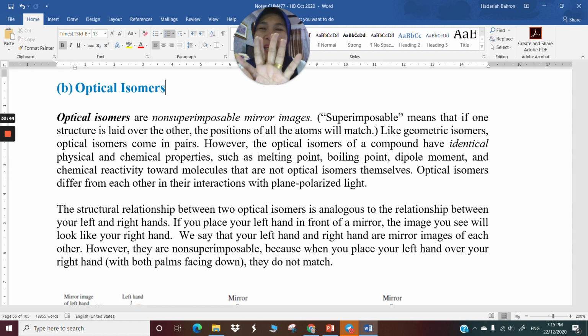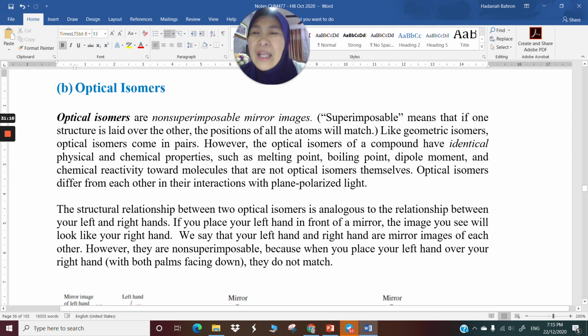So my two hands are non-superimposable mirror images. Can you try with your hands? Are your hands non-superimposable mirror images? Of course they are. If your hands are superimposable mirror images, then you are not the same as me. You're not the same species, but never mind. So my hands are non-superimposable mirror images.